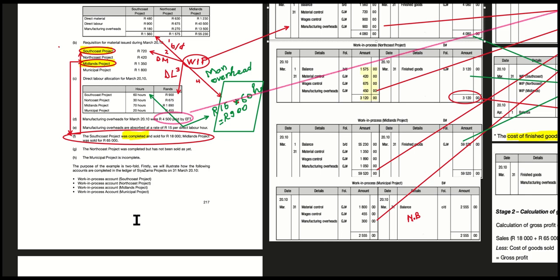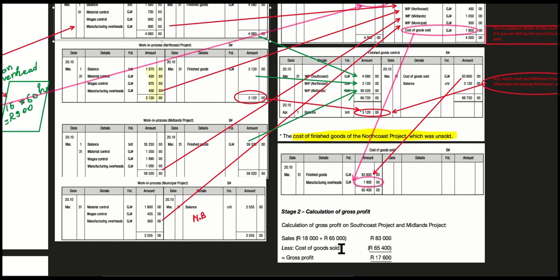We have also the Midland project that was sold for 65,000. So we have these two projects that were completed and sold. When you're looking at the sales, we have the 18,000 and the 65,000 for those two projects, South Coast and the Midland project. So the total will be 83,000. We're going to minus the cost of goods sold that we just calculated, which will give us the gross profit.